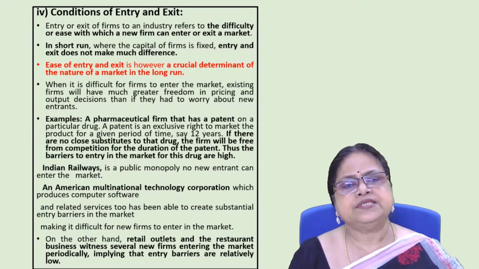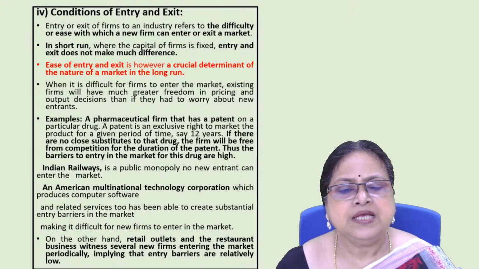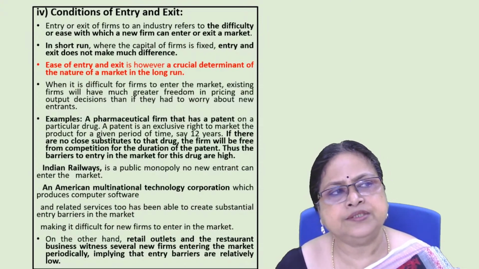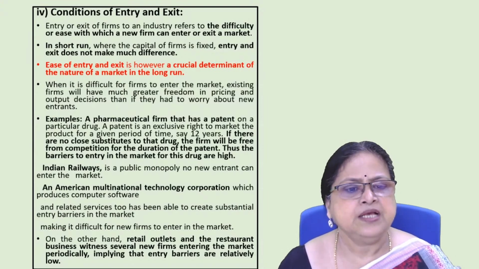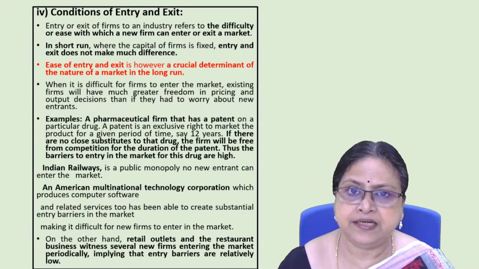Now, Indian Railways is a kind of public monopoly. It's a public sector, but it's a monopoly. So here, no other firm has entered the market. So it is a public monopoly. No new entrant can enter the market till now.